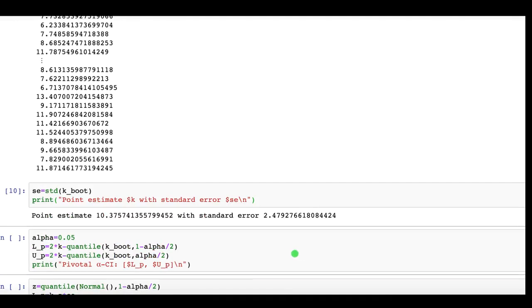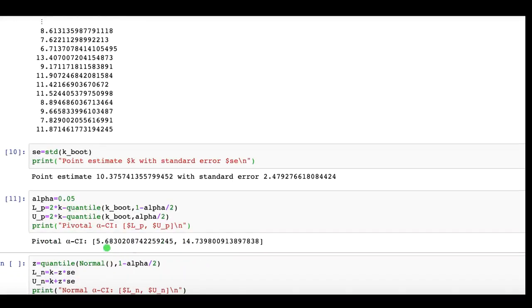Now, if we want to work out a 95% confidence interval, then we set alpha equal to 0.05 and we work out the lower bound, which is twice the original estimate minus the 95th percentile of the bootstrap estimates. Similarly, the upper bound of the confidence interval is given by twice the original estimate minus the 5th percentile of the bootstrap estimates.